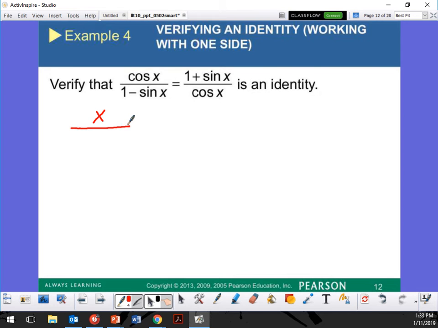Over 1 minus, because I said, equals. What am I going to put on top over here? 1 plus over x.